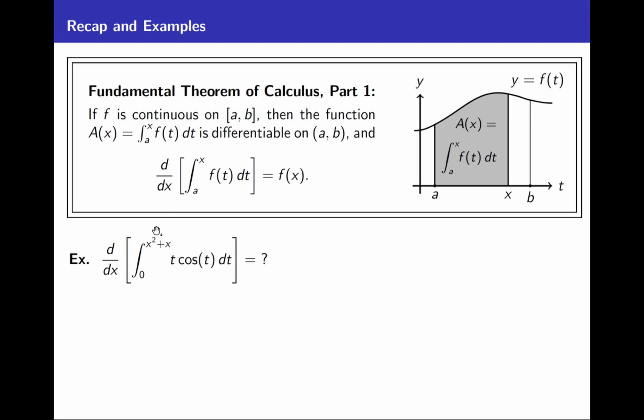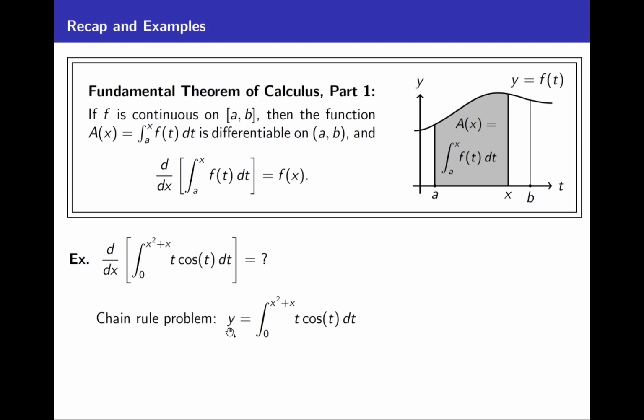And we're asking, what is the derivative of that function? Well, that's not quite an exact match to the fundamental theorem of calculus part 1 because it just has a plain old x here and not an x squared plus x. So what are we going to do? This is actually like a chain rule problem.